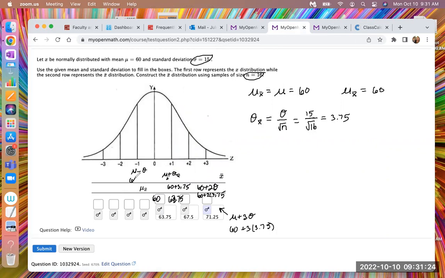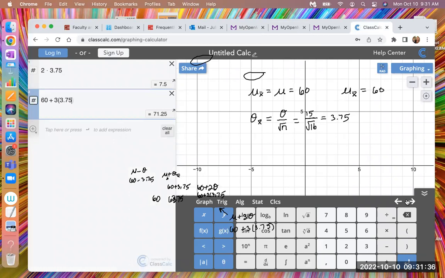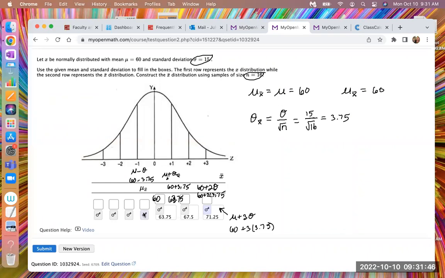That's 60 minus 3.75. I did that in my calculator, and I get 56.25. Oops, this is the mean in the middle. Okay, that's why the mu is right below it. So this one should be the 56.25.